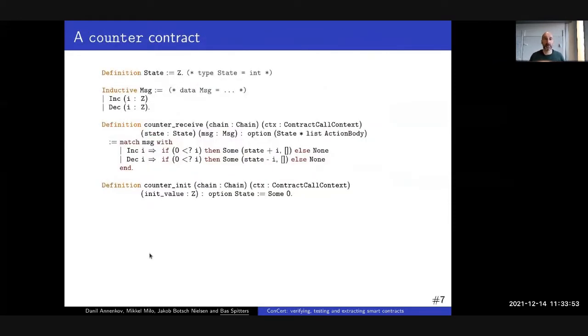Here's a very simple example, which is a counter contract where you can send two kinds of messages. You can say increase the counter or decrease the counter, and then you send them, and these increase and decrease take an integer. So this is only there to show that we can work with side conditions. If this is positive, then we actually update the state to increase with that number, and otherwise we decrease.